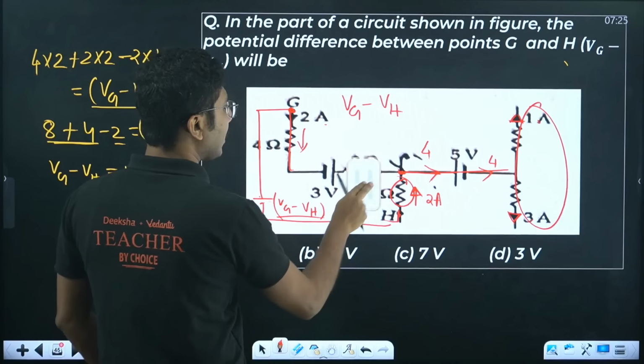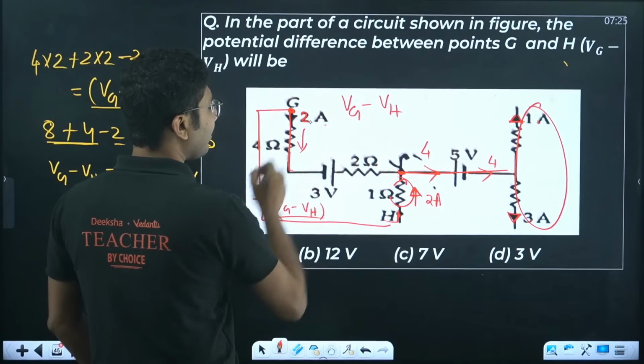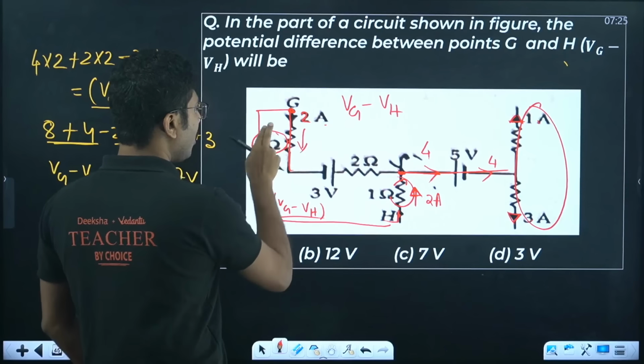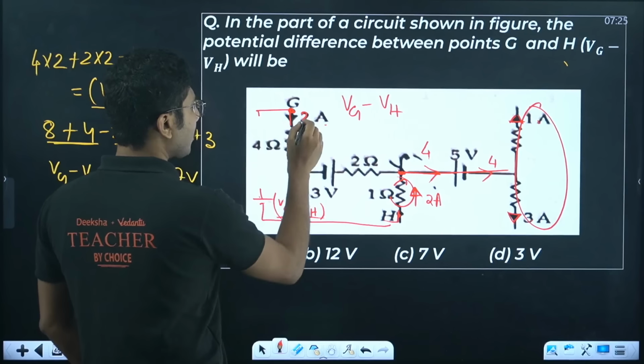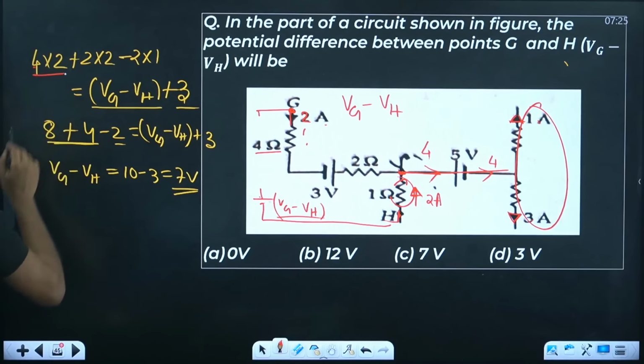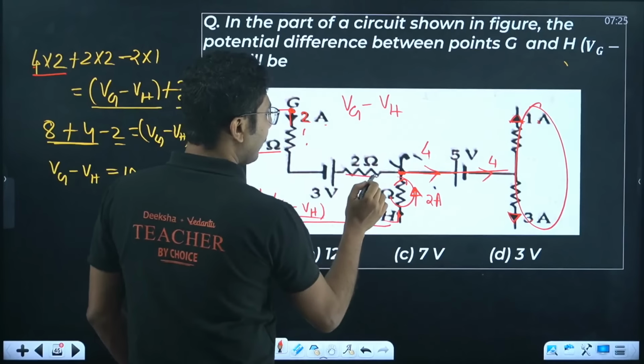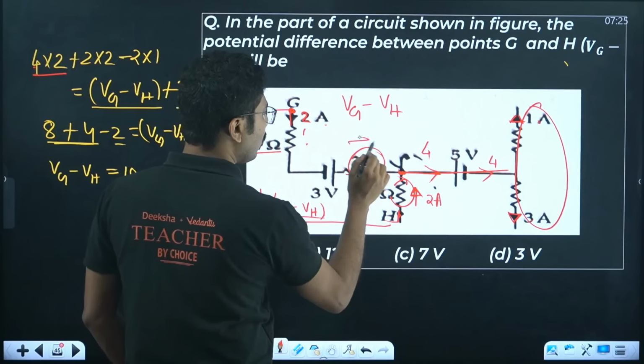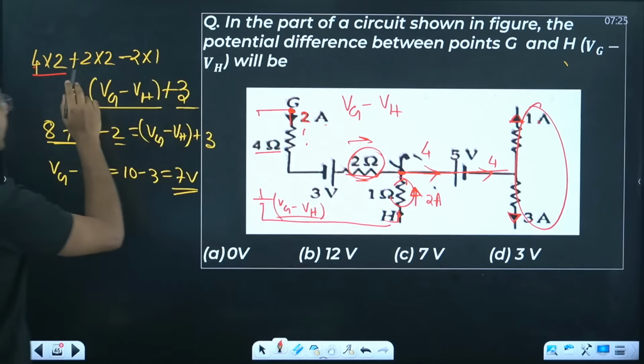Now when we are going from here to here, 2 ampere into 4 ohm, so this is 8. Next is 2 ampere, another 2 ohm passing through this, so 2 into 2.